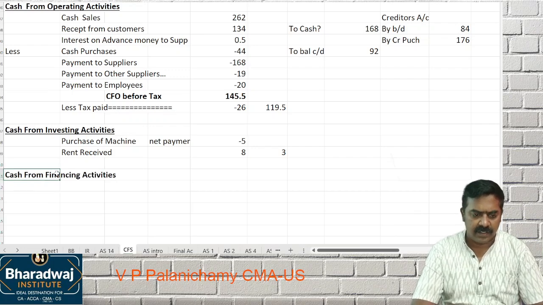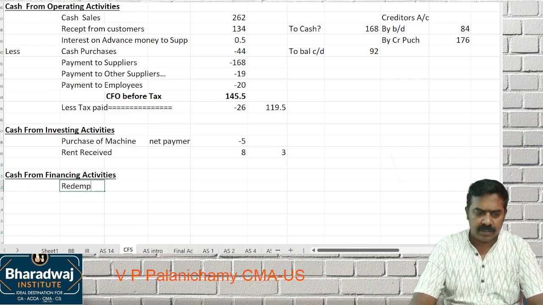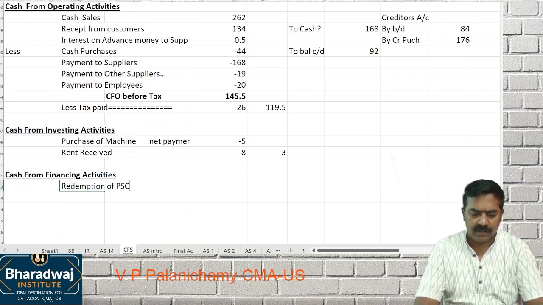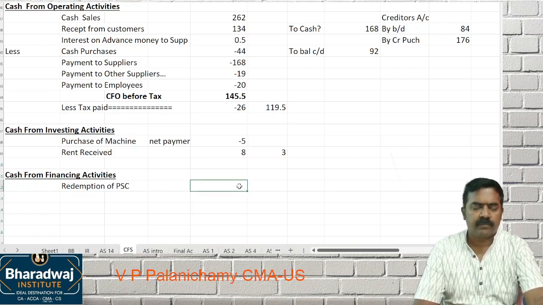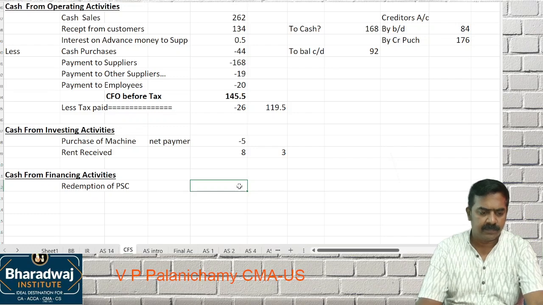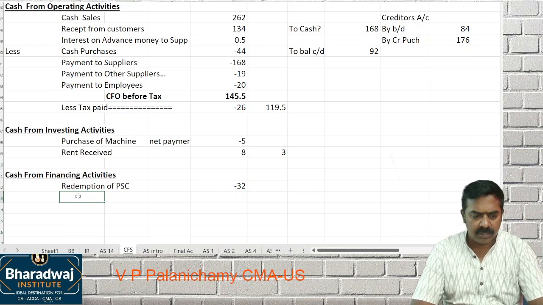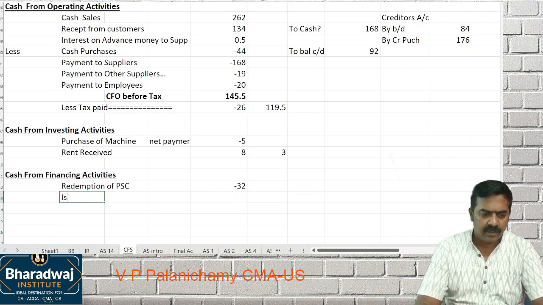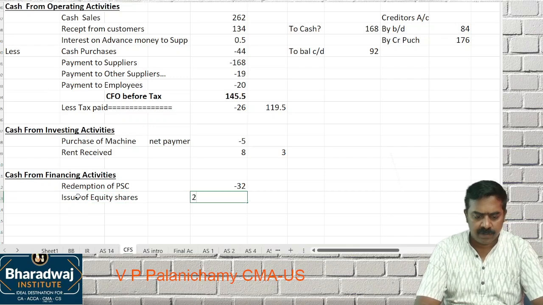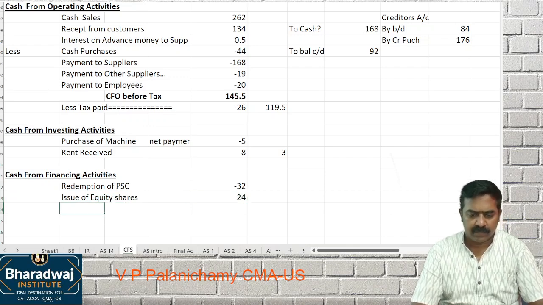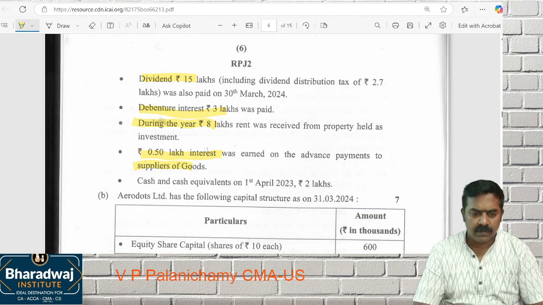Cash from financing activities. Redemption of preference share capital, including premium. How much did we pay? 32 we paid. Then what is the next one? Issue of equity shares, 24. Then dividend paid and interest paid will come.